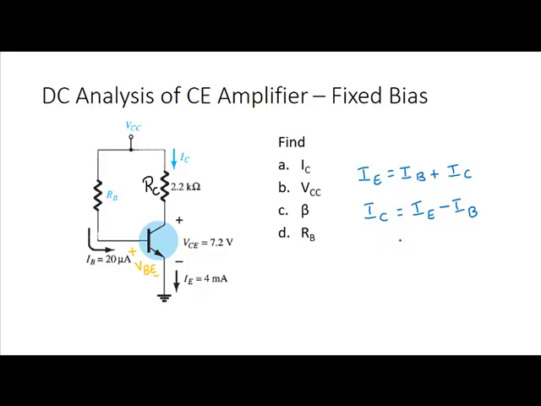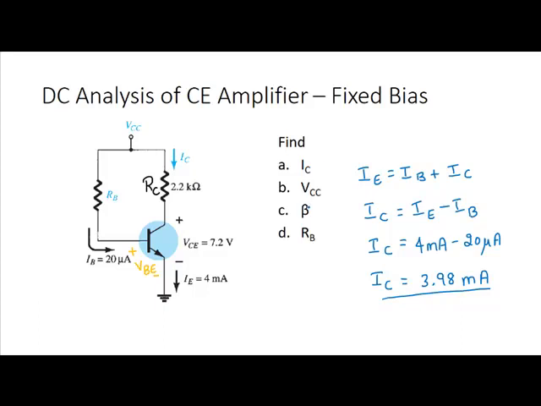So if I substitute the values, IE is given as 4 milliampere, IB is given as 20 microampere. So I can calculate the value of IC. So this gives me a value of 3.98 milliampere for IC. This is the thing that is required. So I found out what is IC.